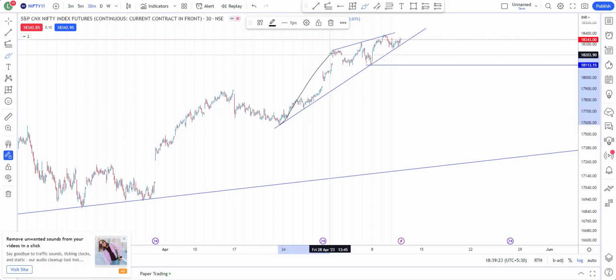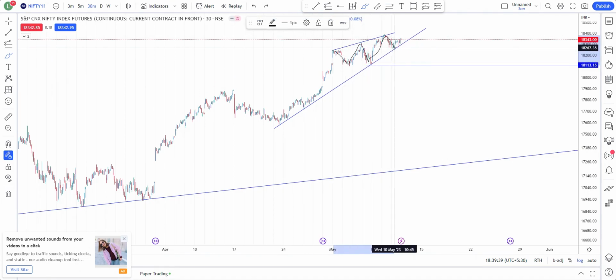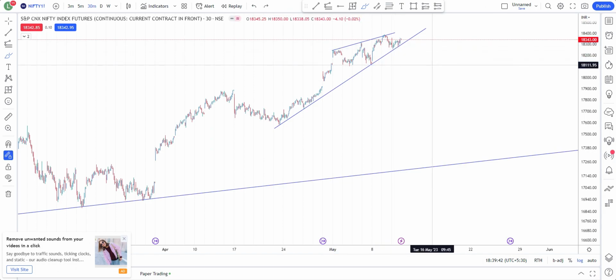Until here, it was plain upside, no big retracement. But after that, if you see the momentum from here, it is completely zigzag.